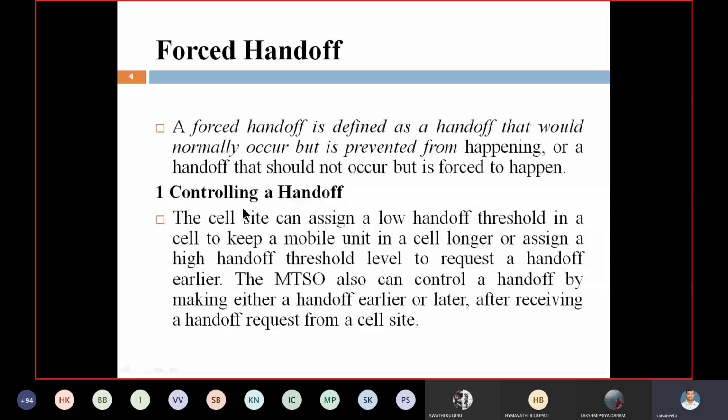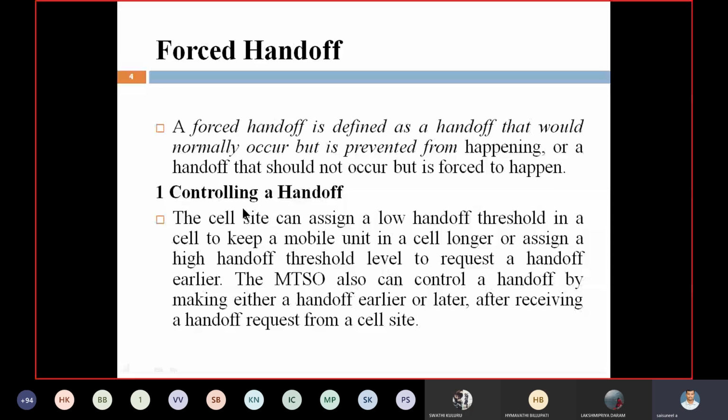In normal conditions handoff is not possible, but a forced handoff can occur. Some customers use their phone for a very long time.